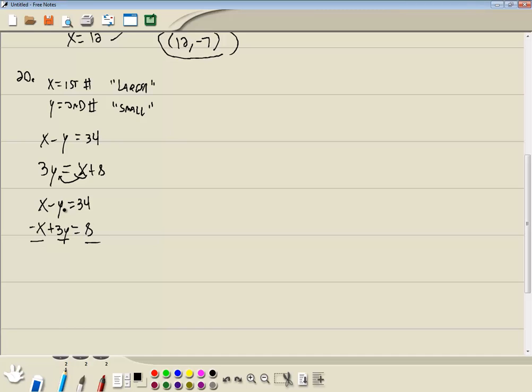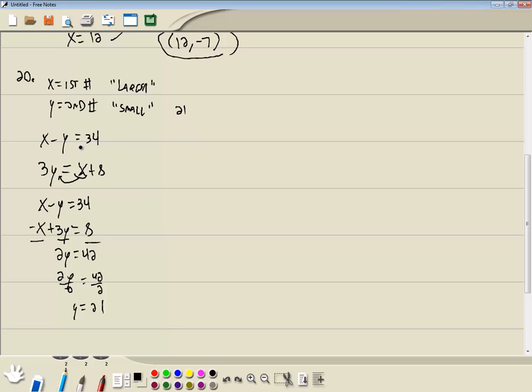Negative x plus x drops away. Negative y plus 3y is 2y. 34 plus 8 is 42. Divide both sides by 2, and we get y is equal to 21. Okay, that kind of gives me warning.